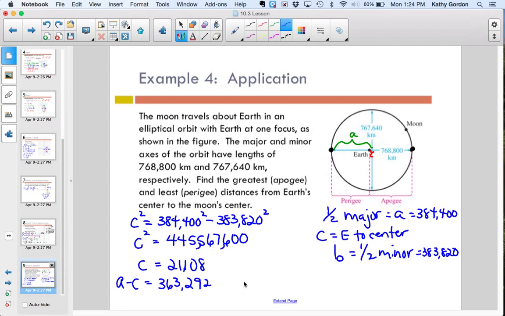What about the longest? So A plus C is going to give us what? 405,508. So that's this A value plus that little extra C to get to Earth.